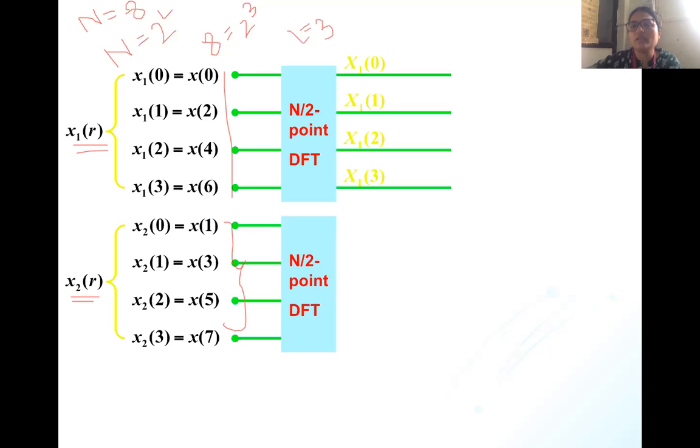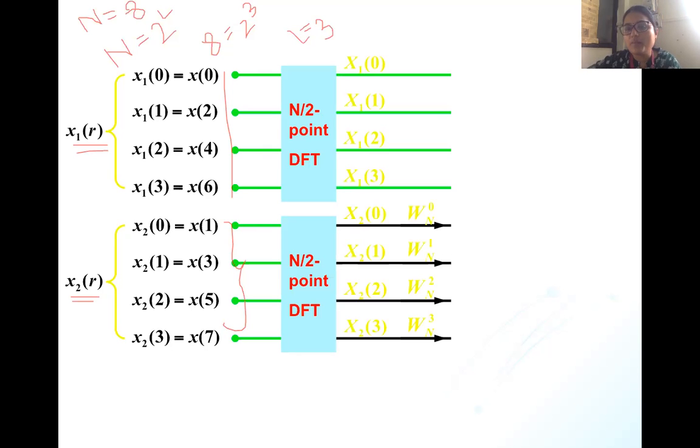And we will be calculating half points, 0 to 3, by performing addition, and the remaining half points are being calculated by performing the subtraction operation.